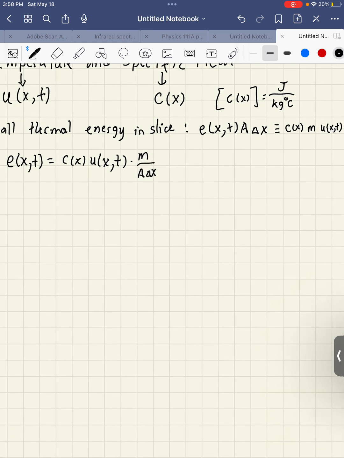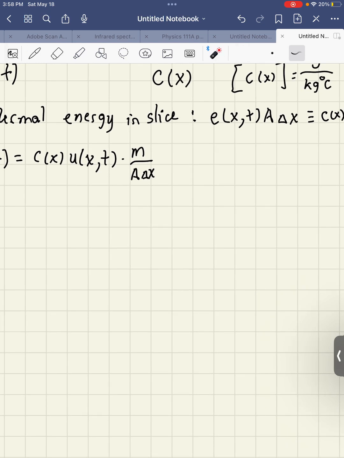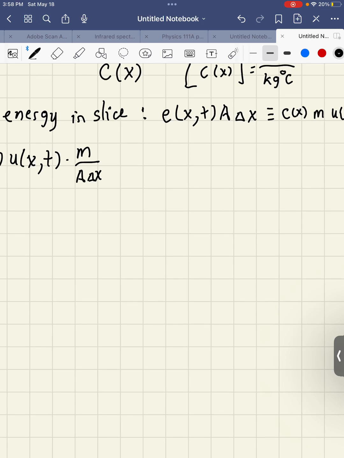And if you notice, this is just the mass per unit of volume, which is the mass density. So I can rewrite this as C of x times rho of x, the mass density, times U of x,t.